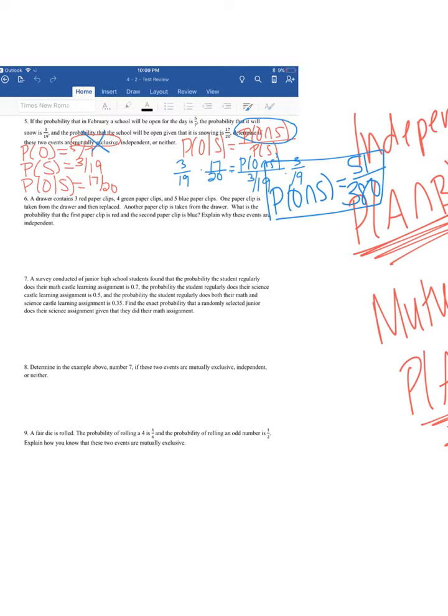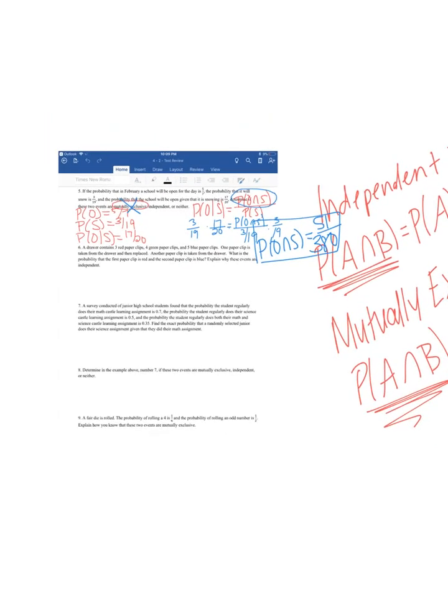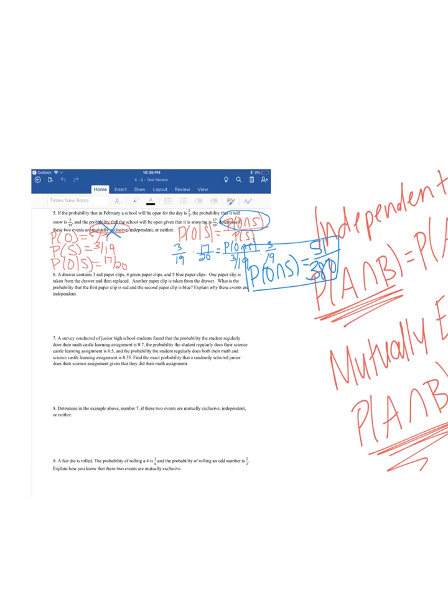So to see if it's independent, I'm going to come up here because I'm running out of room. To see if it's independent, then I need to see if this here is equal to the probability of each individual one, each individual one being multiplied together. So here this is 51 over 380.